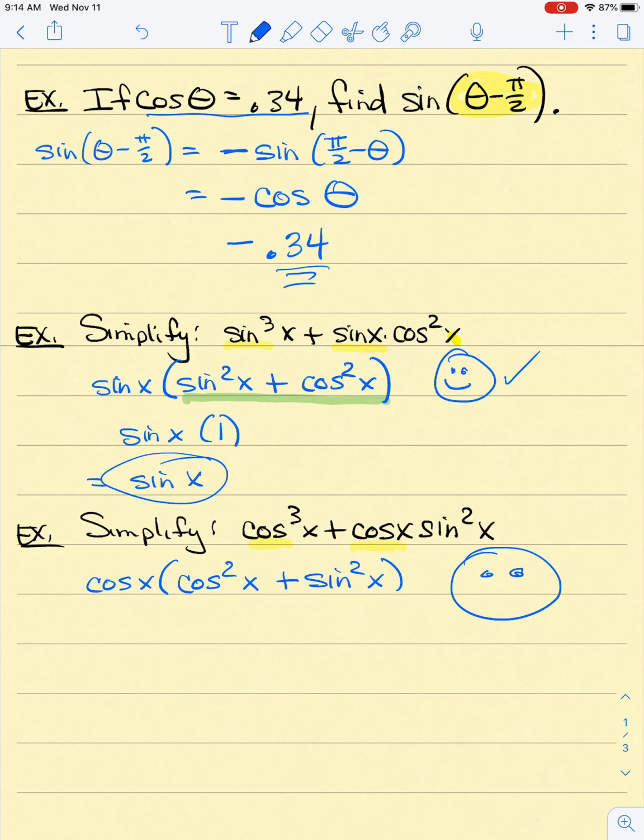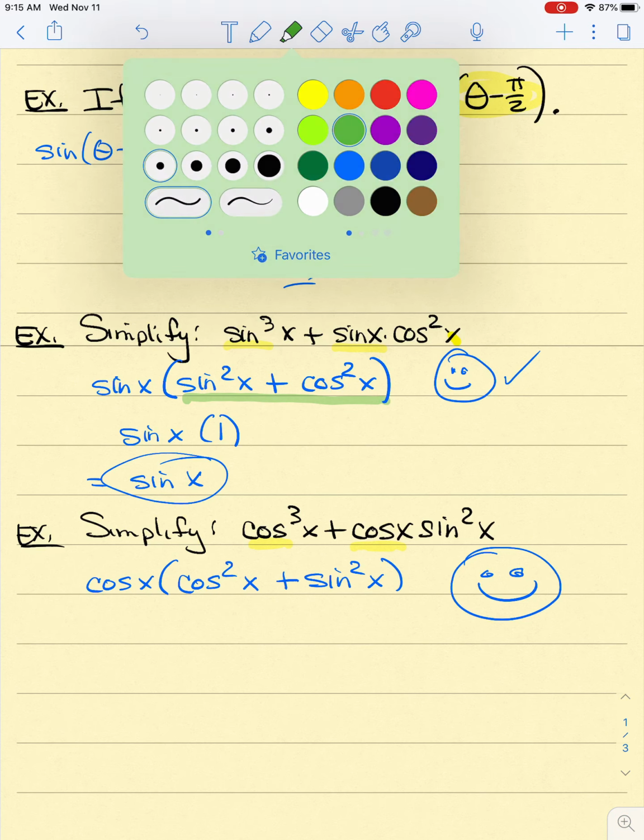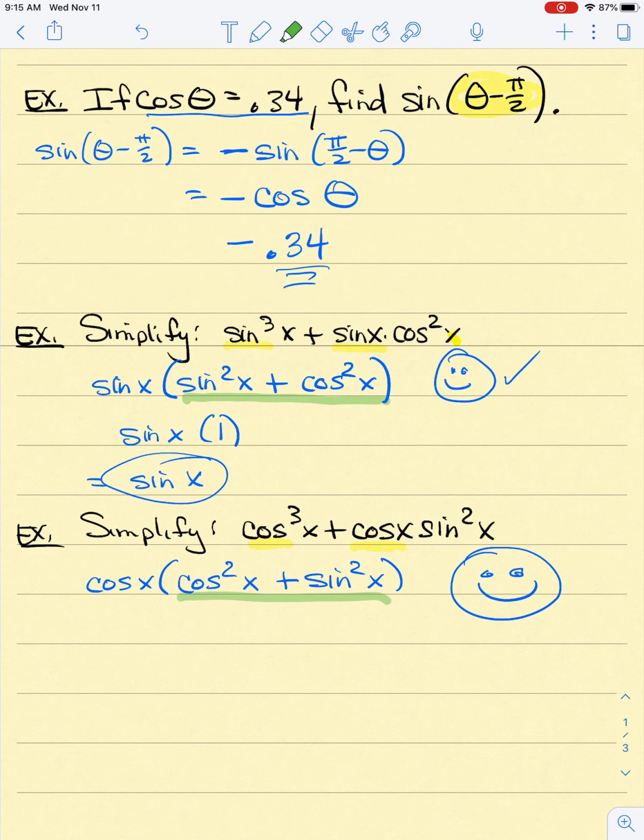I'm getting really excited now, because there it is again: cosine squared plus sine squared. That is just 1. So your simplified answer is just cosine x. Awesome, we're 2 for 2.